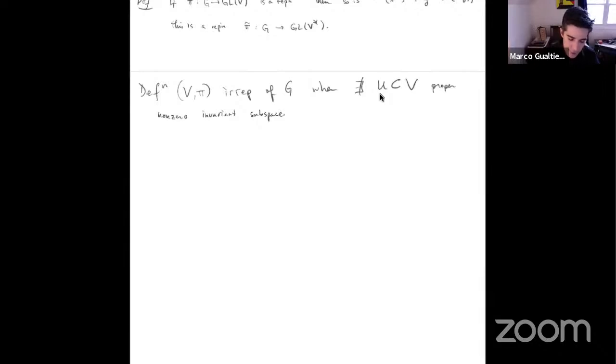Maybe a nice feature, just a remark, a nice feature of unitary representations. These are representations which preserve the Hermitian inner product. If U inside V is invariant, then the orthogonal complement of U is also invariant.